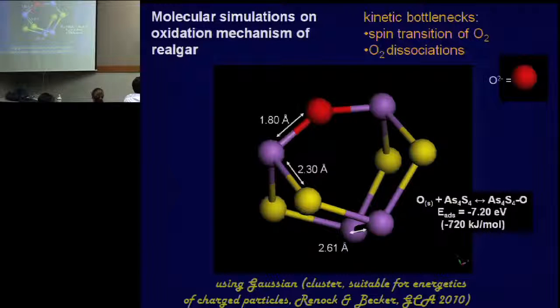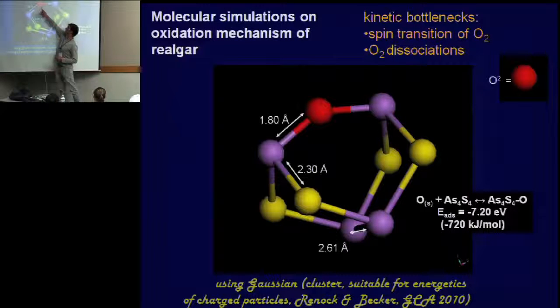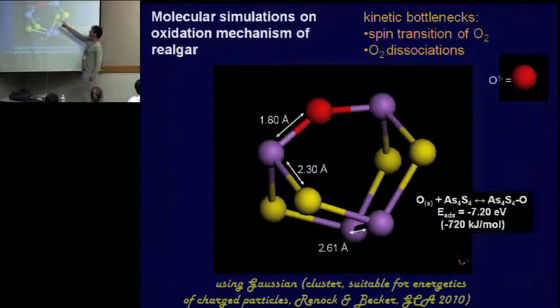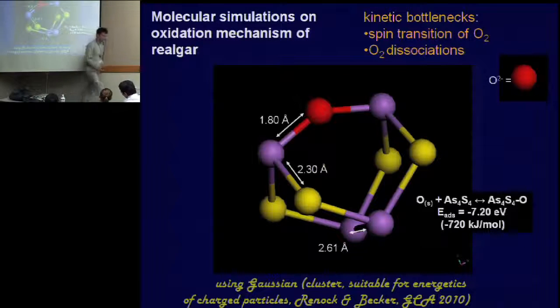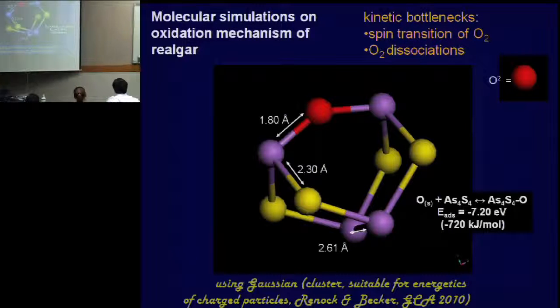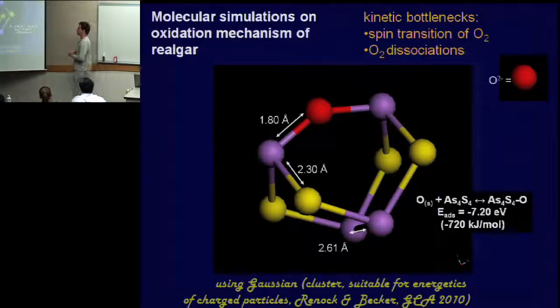And so we start with realgar, in case you don't know what it is. Realgar is essentially AsS or As4S4, so it doesn't have this oxygen in here. It's a molecular crystal built of these cages. And so when you try to oxidize it with oxygen, it would go in between these arsenic bonds. But it doesn't really want to go there.